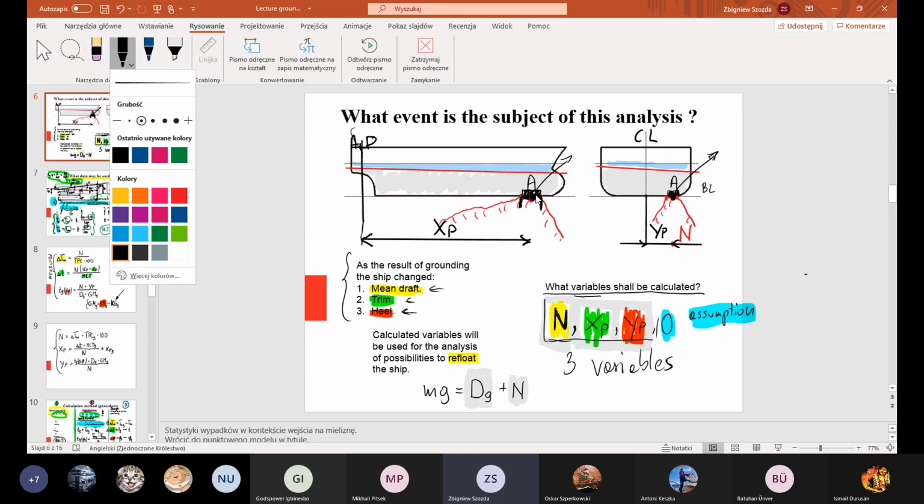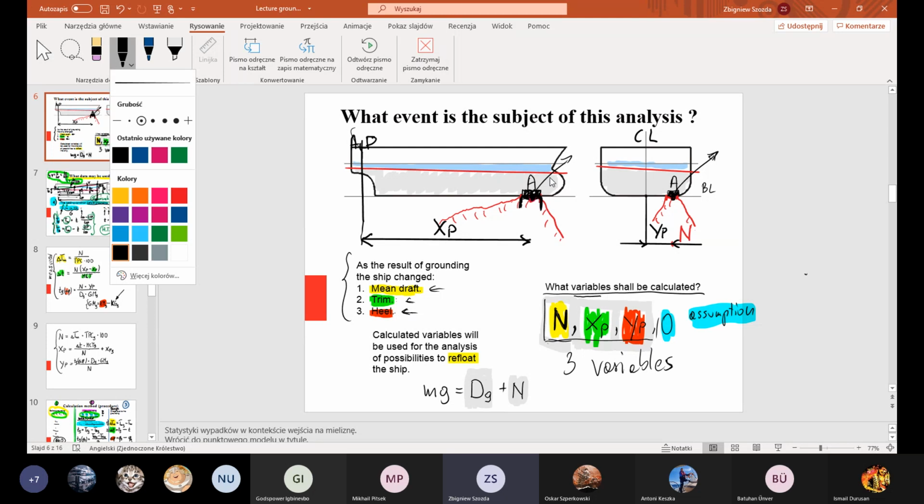But last time, on Wednesday, I proposed to replace the area with a point, and at the same time to replace the pressure that acts between the hull and the ground with a force.